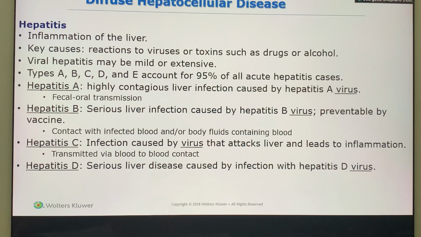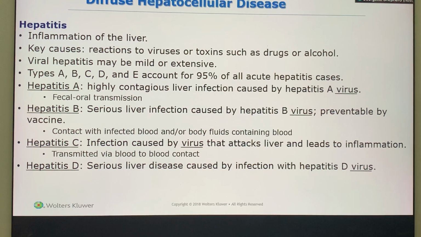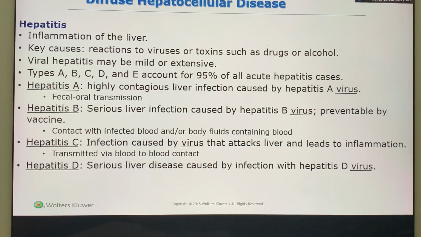That's the one you can get a vaccine for. Hepatitis C is blood-to-blood contact. It goes all the way up to E, but our main concerns are A, B, and C, as far as sonography.